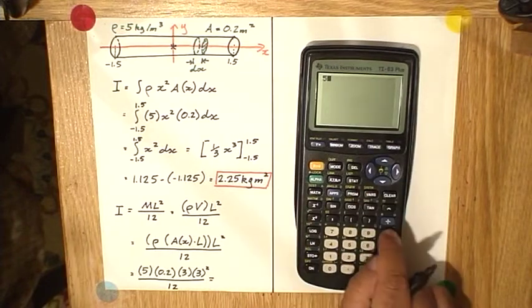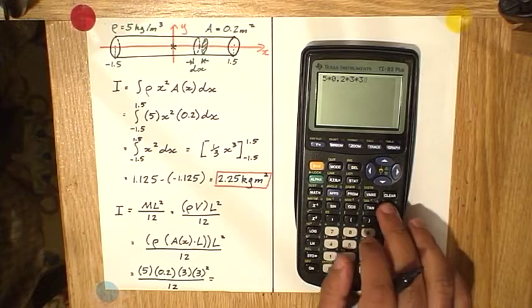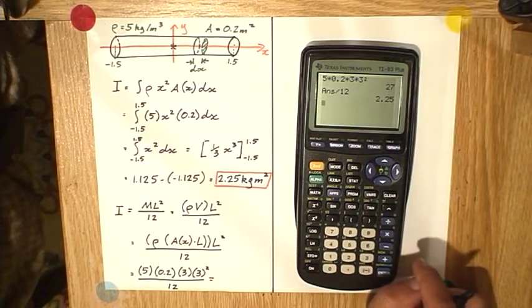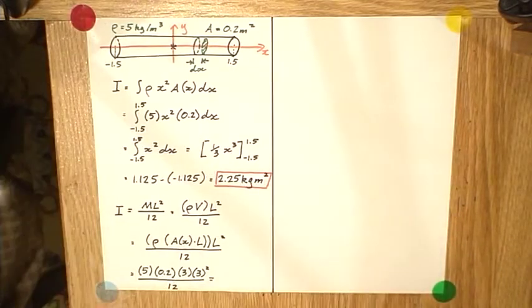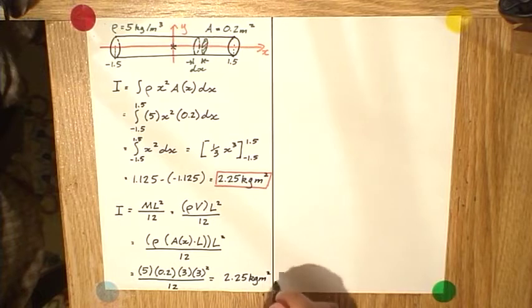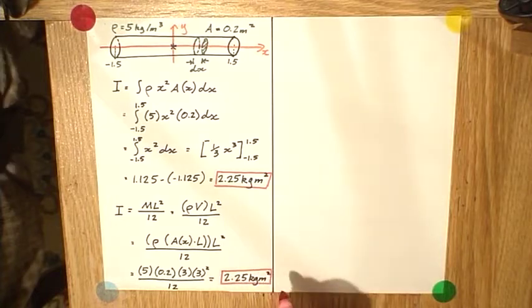So 5 times 0.2 times 3 squared is 27, divided by 12 is 2.25. That's exactly what we got before. So now we have confirmed what we originally solved using direct integration using the formula that was present in the book.